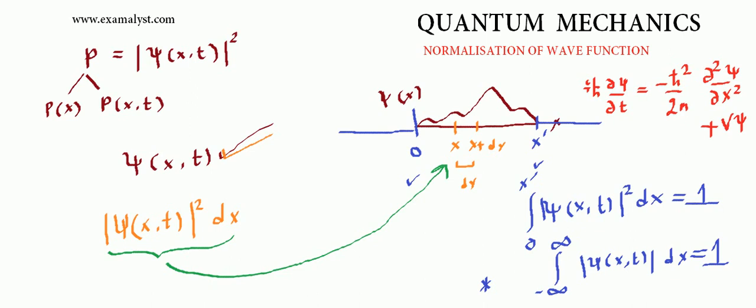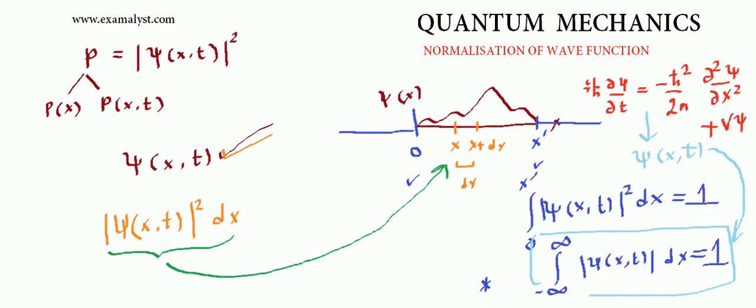The reverse direction says, let any solution of Schrodinger equation be psi. Any solution of Schrodinger equation must satisfy this condition. It's quite logical because the total probability should be 1. If you look at the logic, then this equation is straightforward. This equation just says the total probability is 1.